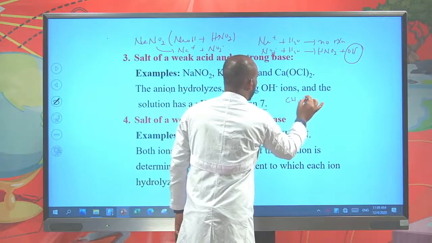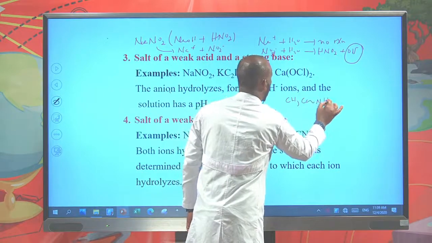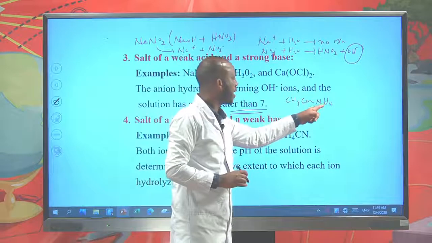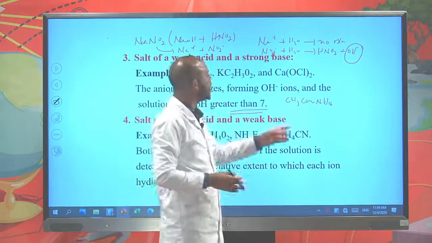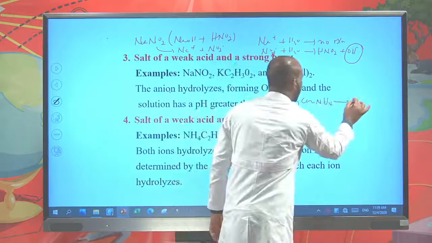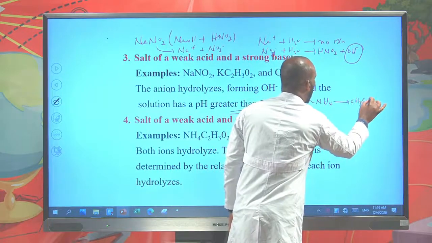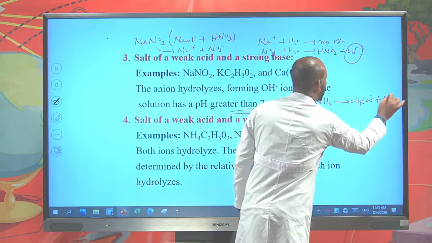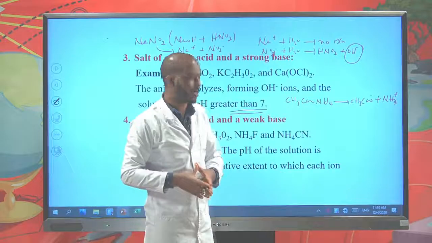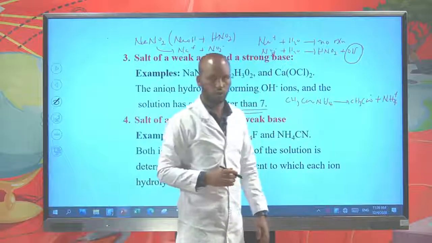CH3COONH4. Now this is a salt derived from a weak base, ammonia, and a weak acid, acetic acid. It completely dissociates into acetate, CH3COO minus, plus NH4 plus. Both ions can react with water, can hydrolyze.